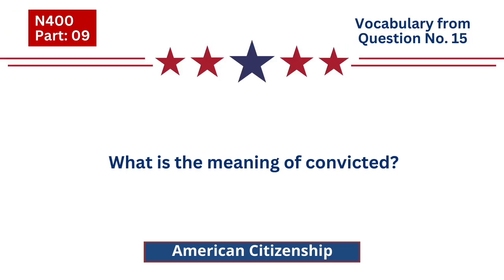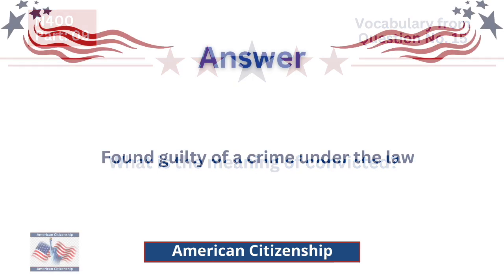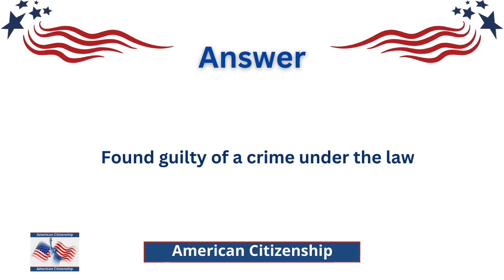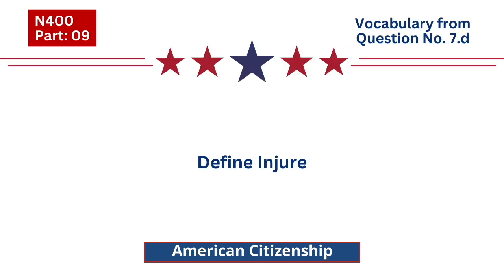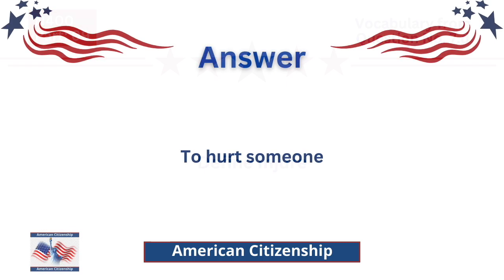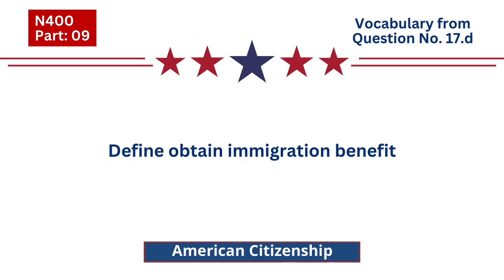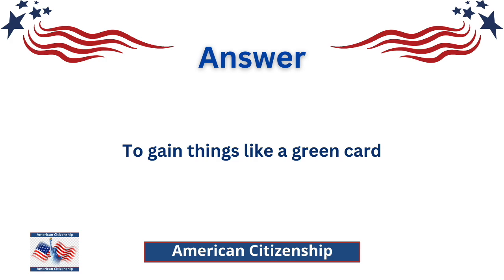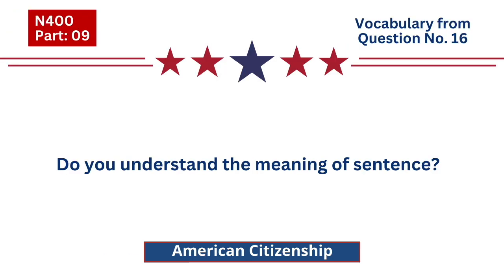What is the meaning of convicted? Found guilty of a crime under the law. Define. Injure. To hurt someone. Define. Obtain immigration benefit. To gain things like a green card. Do you understand the meaning of sentence?